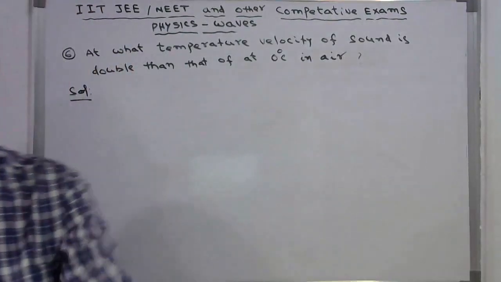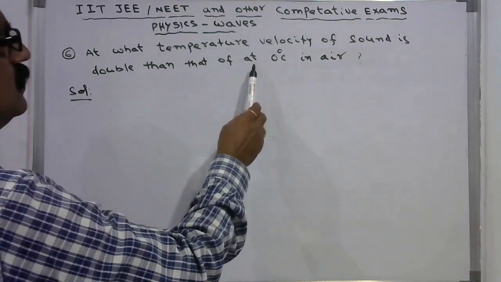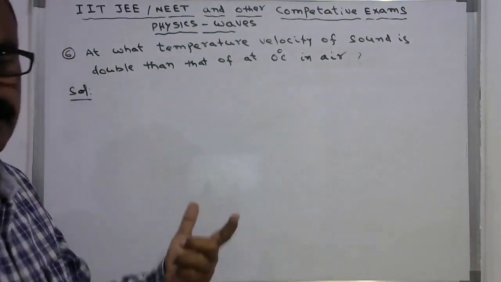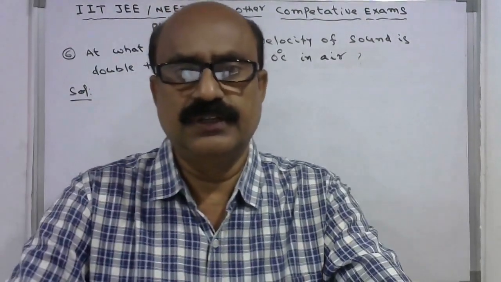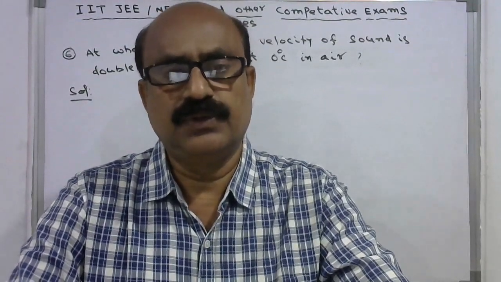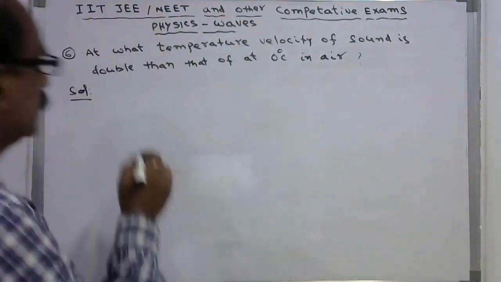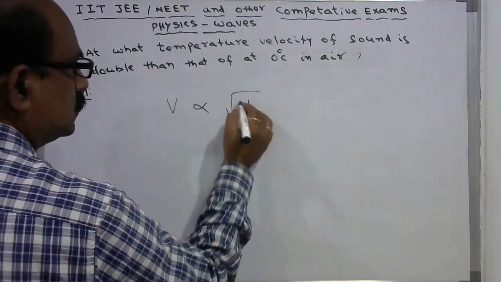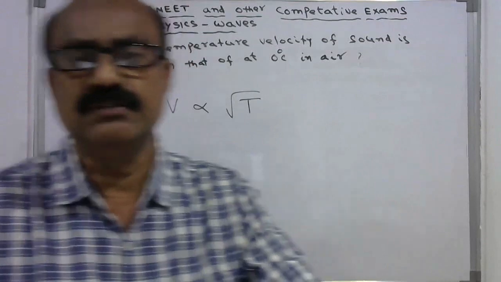In this problem, at what temperature is the velocity of sound double that at 0 degree centigrade in air? The velocity of sound depends on temperature for a given same medium. Let us suppose the velocity of sound is proportional to the square root of the absolute temperature, the temperature in Kelvin scale.